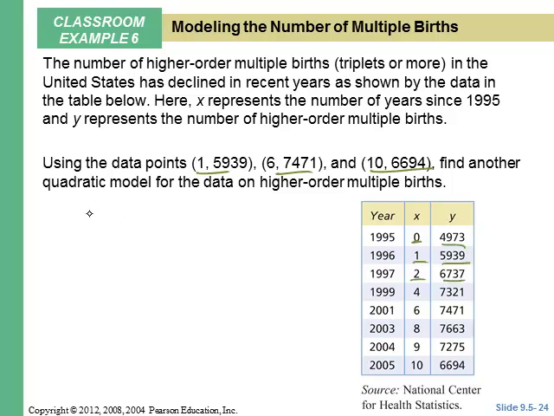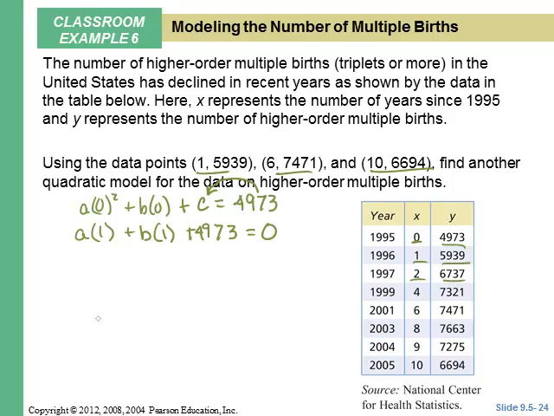So we've got a times 0 squared plus b times 0 plus c equals 4973, which tells us that c is 4973. Let's go to the second equation. A times 1 plus b times 1 plus 4973 equals 0.